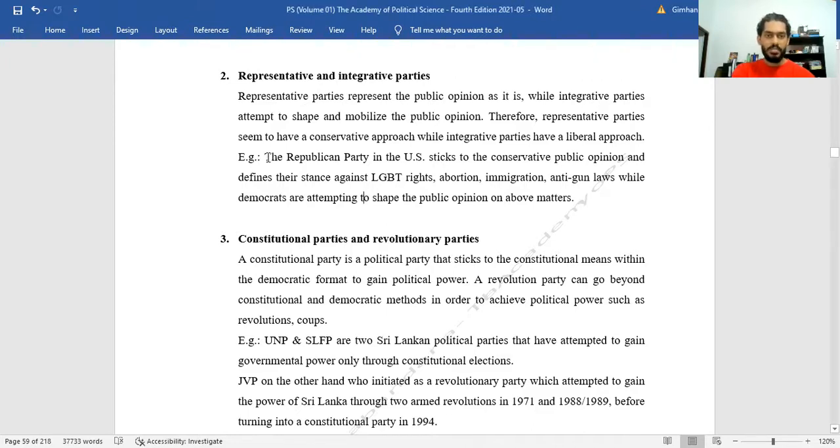I just wanted to explain what I explained, right? In the US, you have the Republican Party, and they stick to their stance against LGBT rights because they go with conservative public opinion, what Americans conservatively believe. So they are against LGBT rights, against abortions, against immigration, and for gun laws, right?